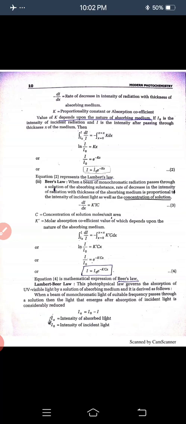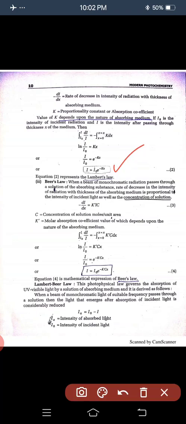After integration, ln I upon I0 is equal to minus kx. Then I upon I0 is equal to e to the minus kx, that is, I is equal to I0 e to the minus kx. That is the Lambert law, equation number 2.